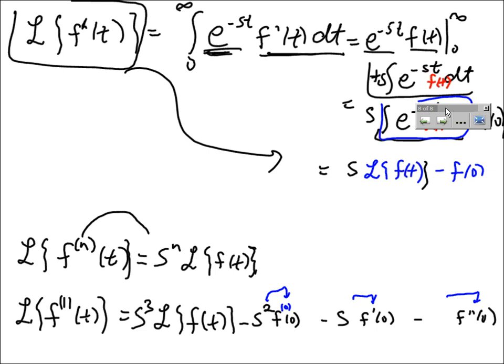Notice that that and that will match. And then everything else is minus. We have s to the n minus 1. Now notice that when this was 3, these numbers added up to 1 less.